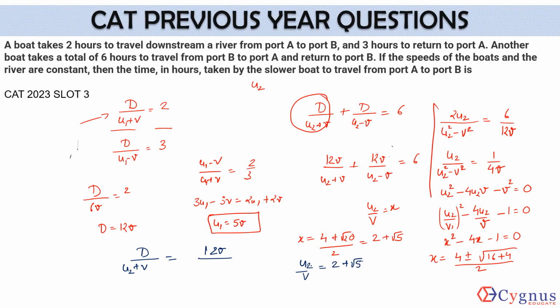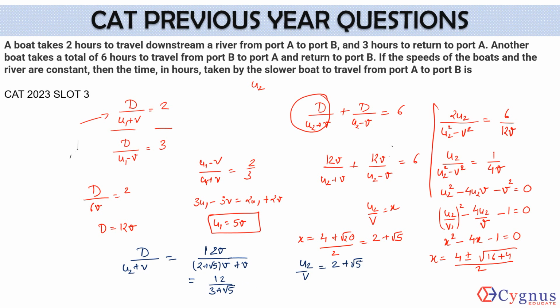The value of U2 will become 2 plus root 5 times V. So 2 plus root 5 times V plus V. V will be cancelled out and finally you will be left with what? 12 by 2 plus root 5 plus 1, that is 3 plus root 5.